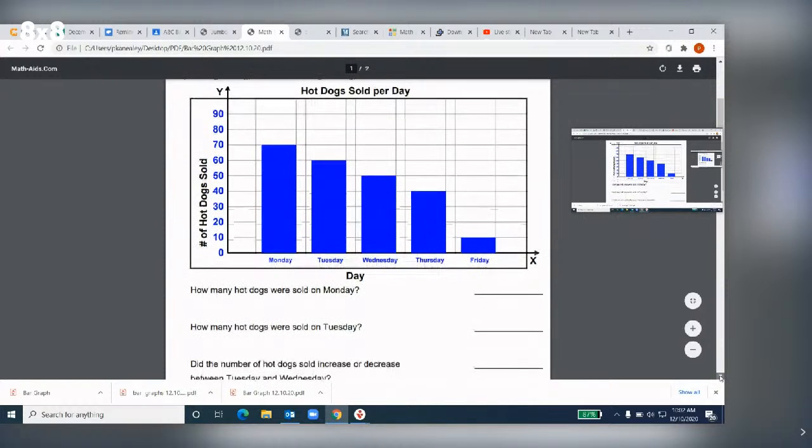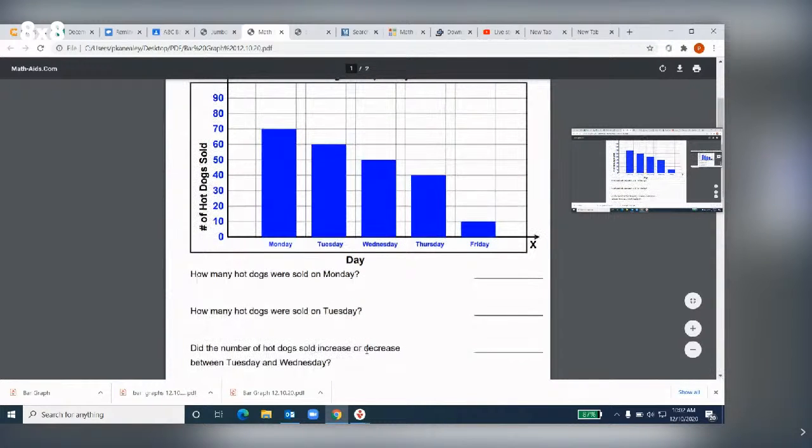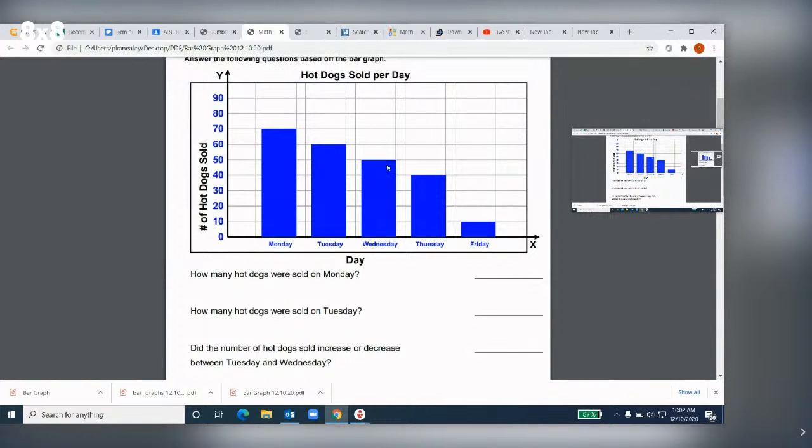Did the number of hot dogs sold increase or decrease between Tuesday and Wednesday? We're going to compare Tuesday and Wednesday. We just did Tuesday, we know there were 60 hot dogs sold. Wednesday, there are only 50. So the number of hot dogs between Tuesday and Wednesday decreased.